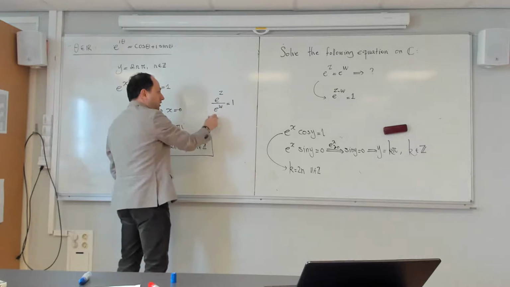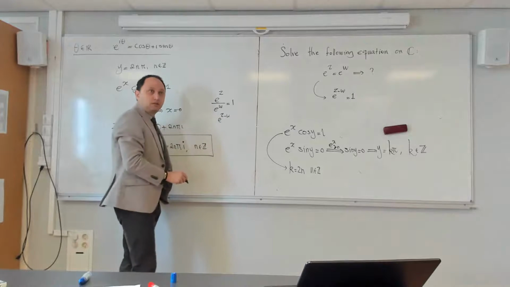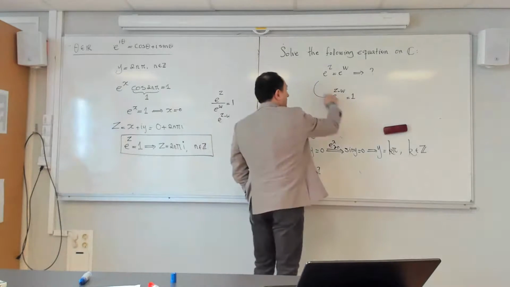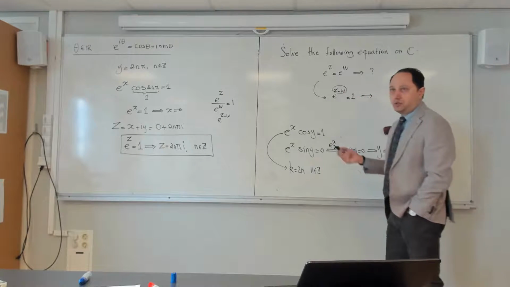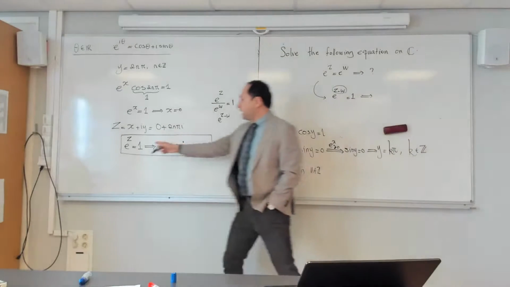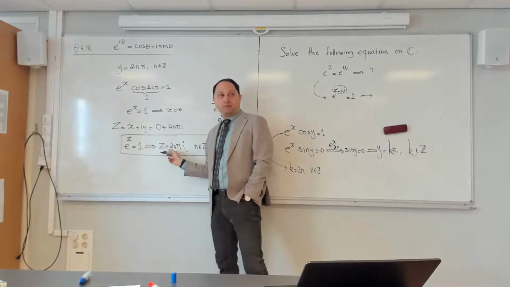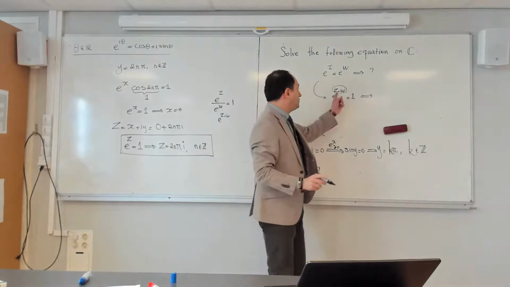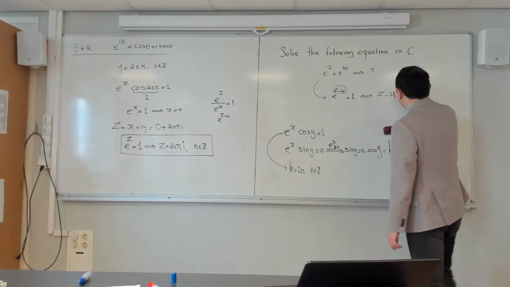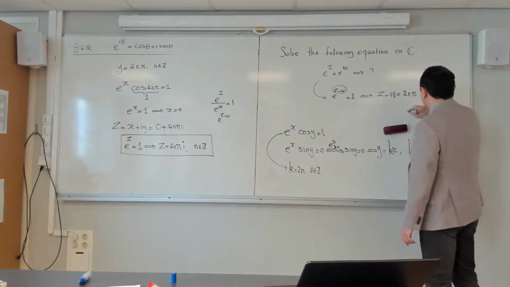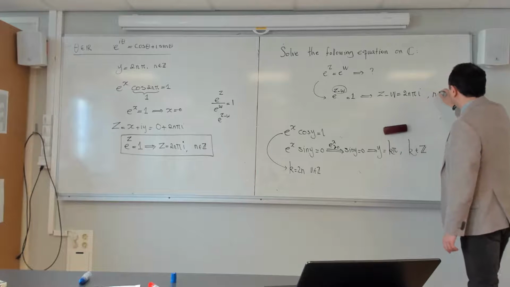But another way of writing this is this one. Do you agree? If I ask you what you can say about this exponent, you already know. If e to some power is 1, you know what is happening for the power, yes? So here, e to some complex power is equal to 1. So this means that z minus w is 2n pi times i, where n is an what?